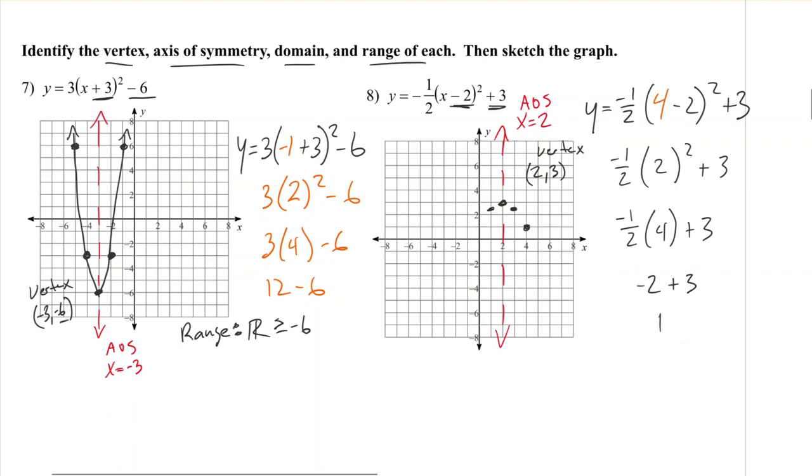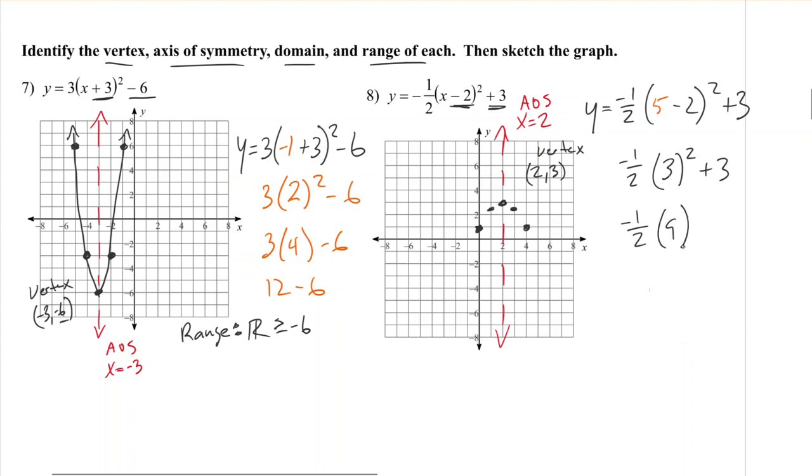And that means we'd be at 0, 1. Let's do one more. Let's plug in a 5. So 5 minus 2 is 3. 3 squared, negative 1/2 times 3 squared plus 3. 3 squared makes 9.